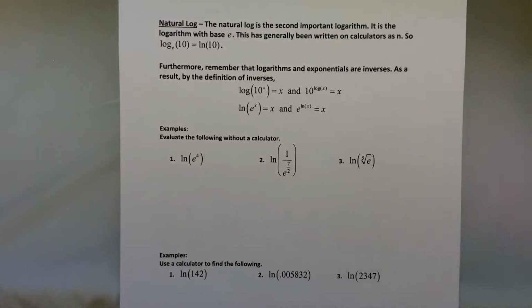Okay, so besides log base 10, which you have in your calculator, the second one doesn't look like an obvious log, but it's the ln button, and it's a log base e. E is kind of a number like pi. It has a specific value relative to the world. It's kind of like the half-life issue.